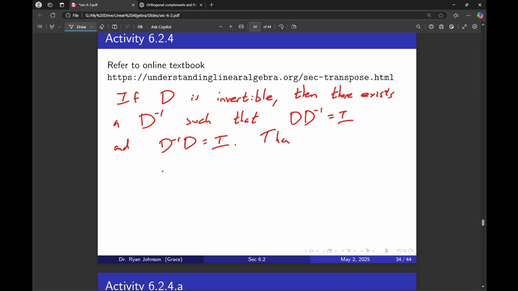That was a proof. I don't get to do that often in this class. So D transpose inverse equals D inverse transpose.